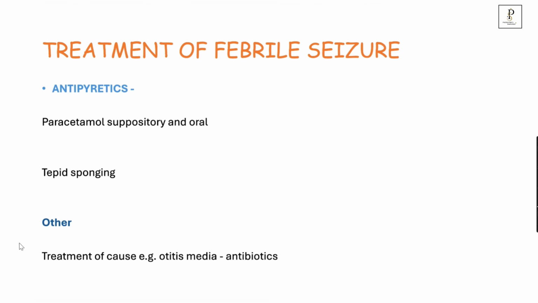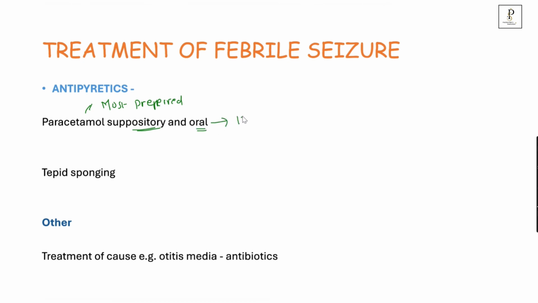Next is antipyretic. First, paracetamol can be given. Paracetamol is the most preferred antipyretic. It can be given as a suppository. When a child comes with febrile seizure, you give a paracetamol suppository. Later on, when the child is conscious, you change it to oral.